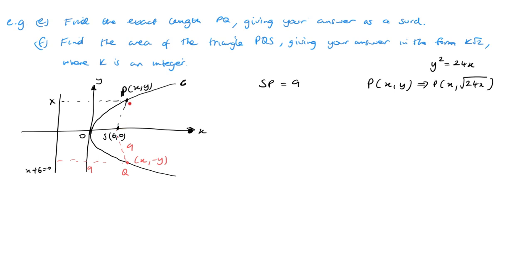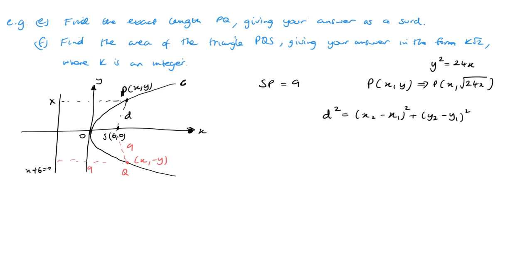Then this distance, SP, we can also call D. It's 9. But D squared is equal to x2 minus x1 squared plus y2 minus y1 squared, where my x2 and y2 will be P, and my x1 and y1 will be S.